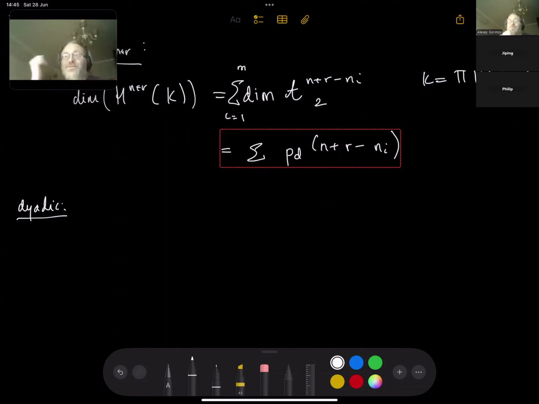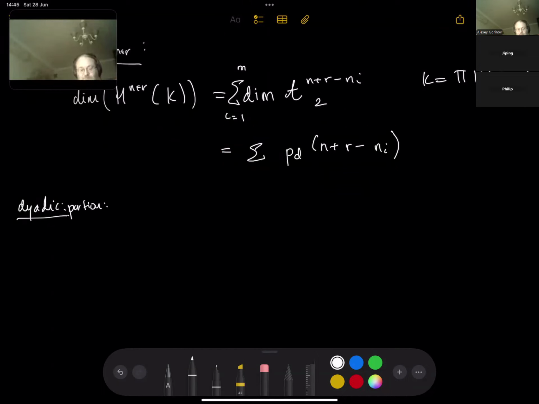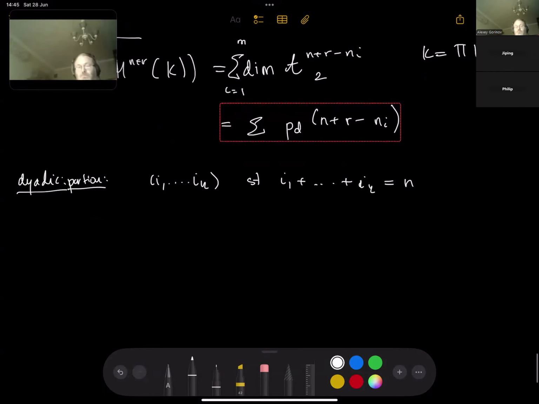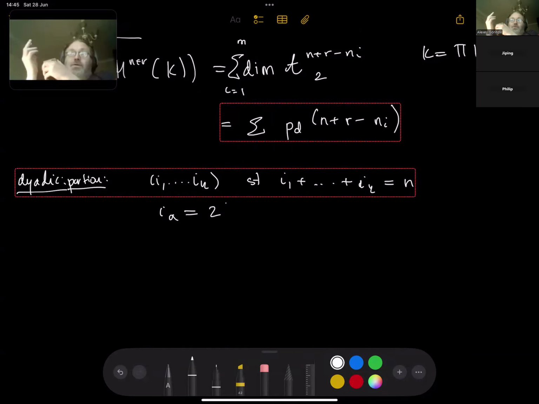A dyadic partition is a sequence of numbers such that it is a partition of n. Well, it's not quite a sequence, it's an unordered sequence, meaning 3 plus 2 and 2 plus 3 are the same partition of 5.